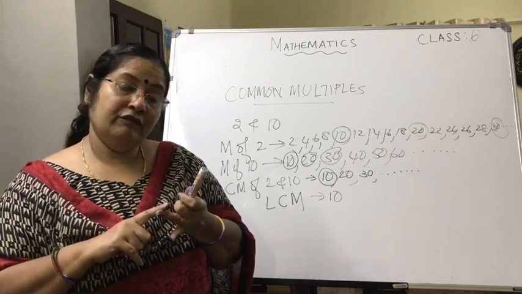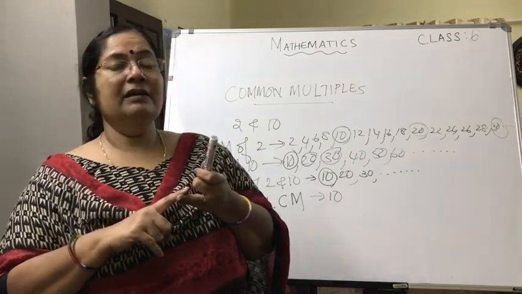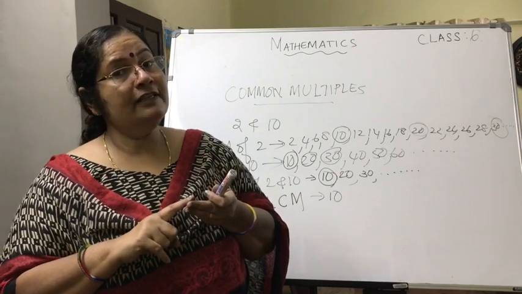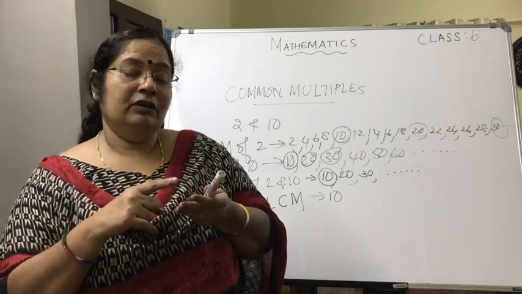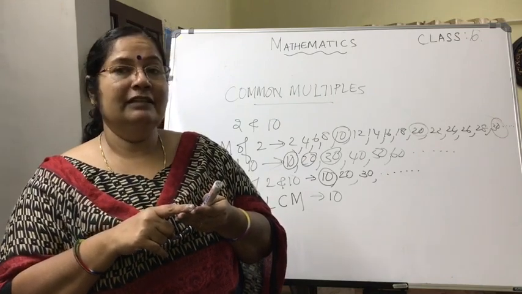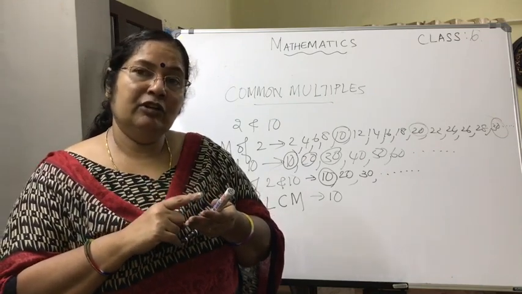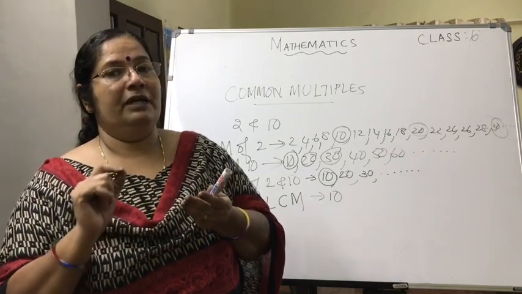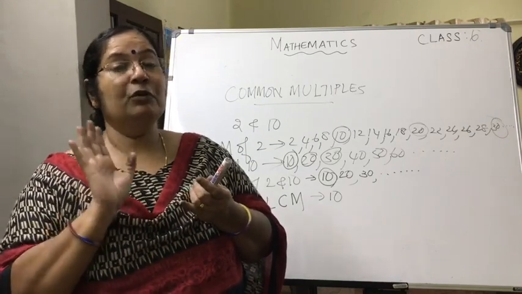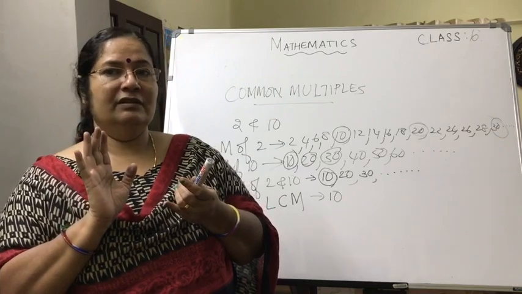Then we have seen how to find the prime factorization of a given number. Then we have seen common factors, how to find them, and the highest common factor. Then we have learned about common multiples and how to find the least common multiple. Also we have learned about co-primes. Is it clear, children? Thank you.